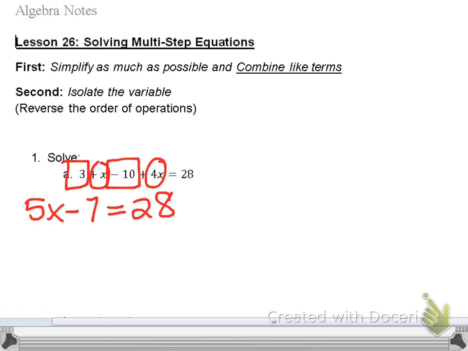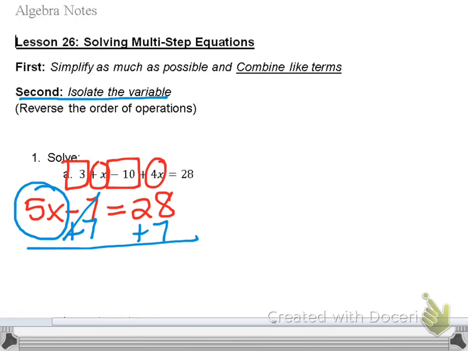So the next thing I'm going to do, I'm on the second step now, isolate the variable. So I want to get 5x by itself first. I want to get the term by itself. So I need to get rid of this minus 7, so I'm going to do the inverse and add 7. Those will cancel out to be 0. So we'll have 5x equals 35.